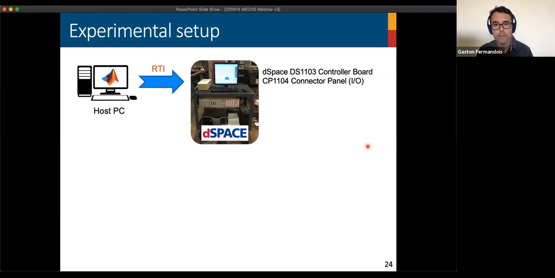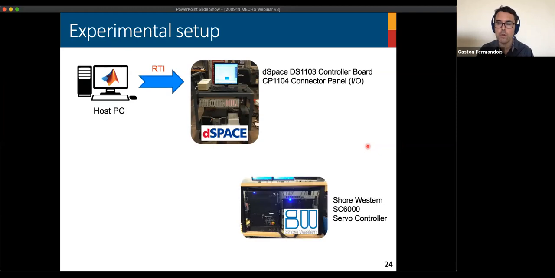The controller in this case was a dSPACE controller. And the dSPACE controller is responsible for creating an analog signal, a voltage, that is going to drive the actuators to move in the axial direction. Basically, it's going to move an extension of the actuator.